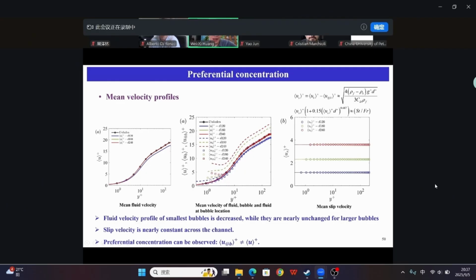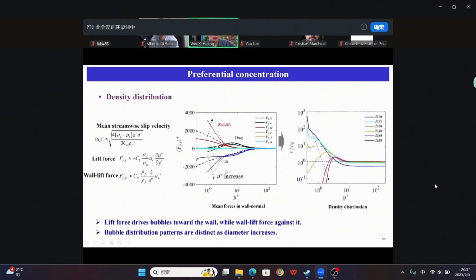And the flow velocity at the bubble position will have some difference with the bubble velocity due to the preferential concentration behavior. Here it is higher, but here it is slightly lower than the bubble velocity.